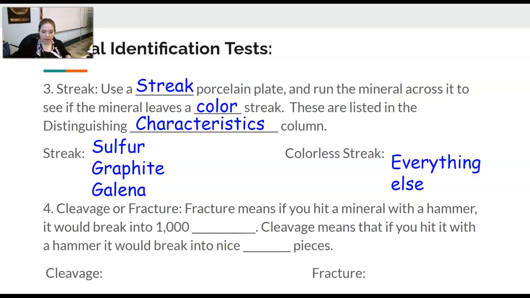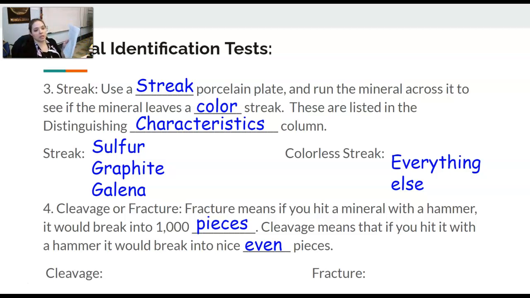Fracture means if I was to take a hammer and go smack and hit the mineral, it would break into 1,000 pieces, like random pieces. Cleavage, on the other hand, means if I was to take that same hammer and go whap, it would break into nice, even pieces. And like I said, in the distinguishing characteristics, it will tell you what type of piece that it breaks into. So looking at this, which ones have cleavage, which ones have fracture.